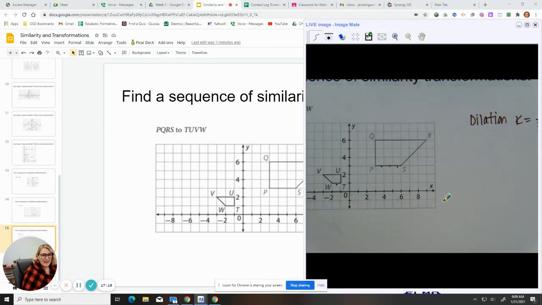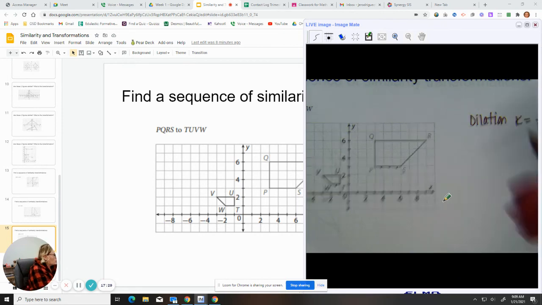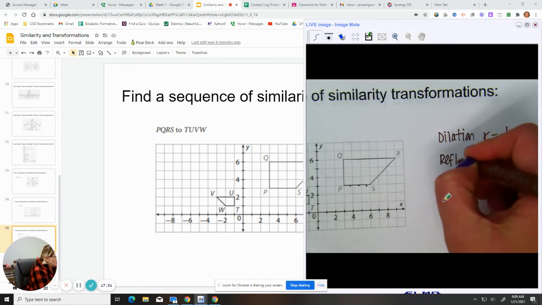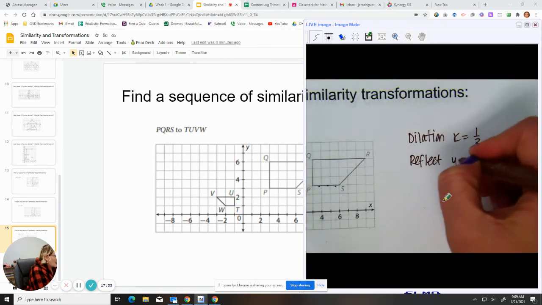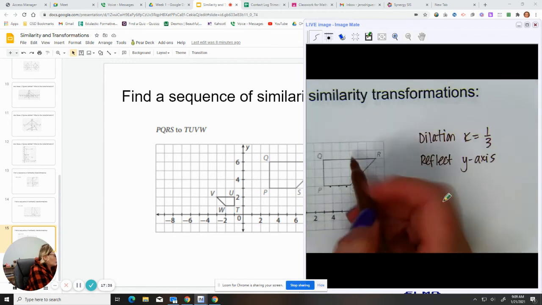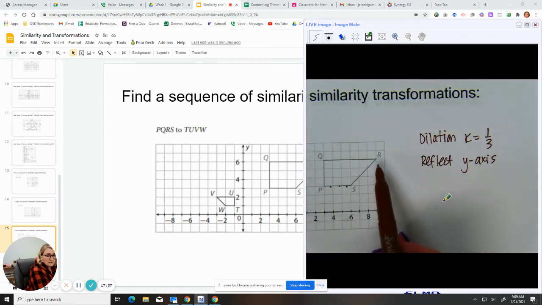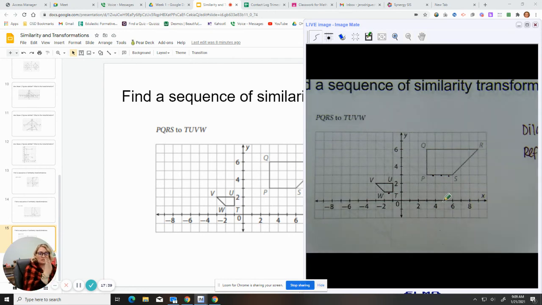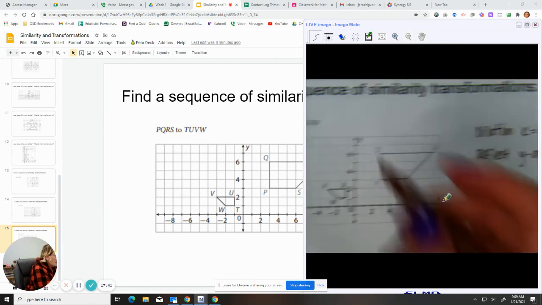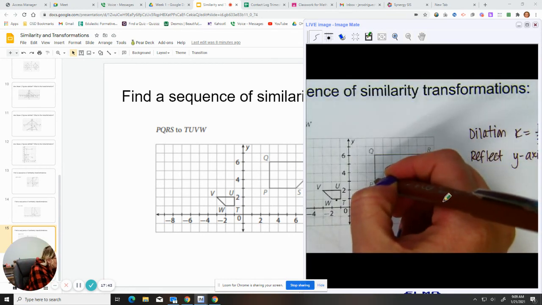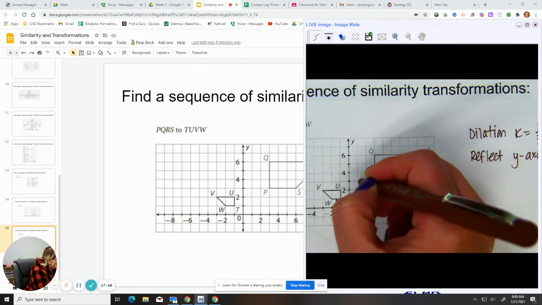Okay. Now we're actually going to move it. So let's reflect it first. We are going to reflect over the y-axis, because notice that we went from pointing this way to pointing this way, which means we folded it in half. And then that would get us over here to 1, 2, 3.